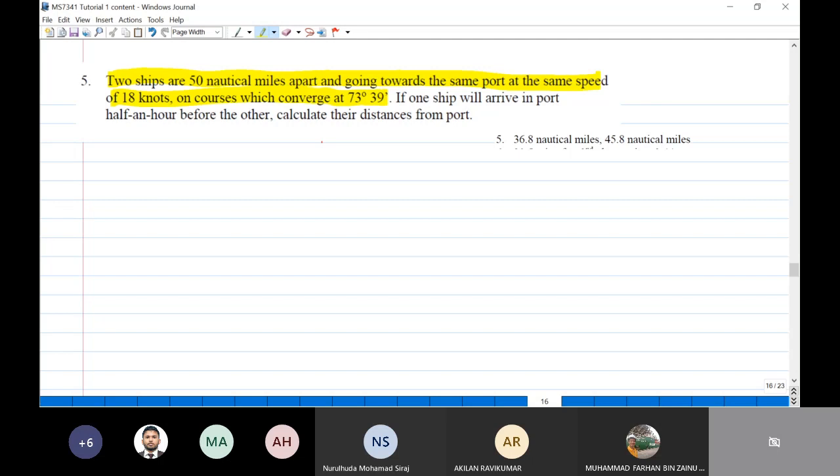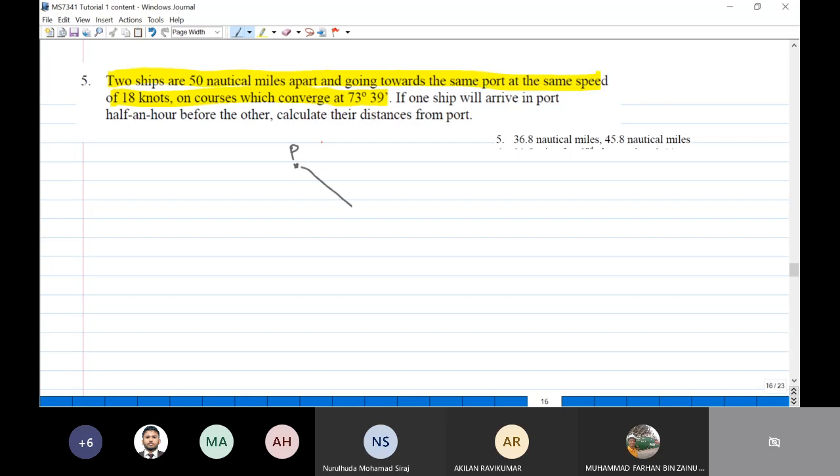Quite difficult, right? There are two ships converging on the port, and the angle at which they converge is 73 degrees 39 minutes. So let's say I have a port here, and I call this port P. Then there are two ships.